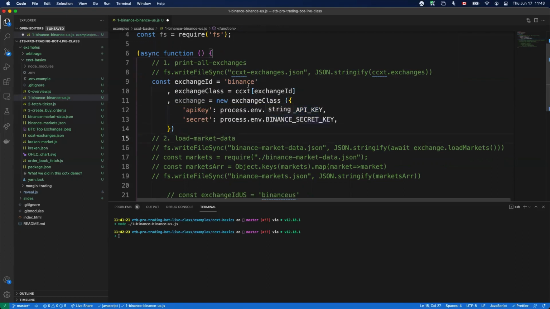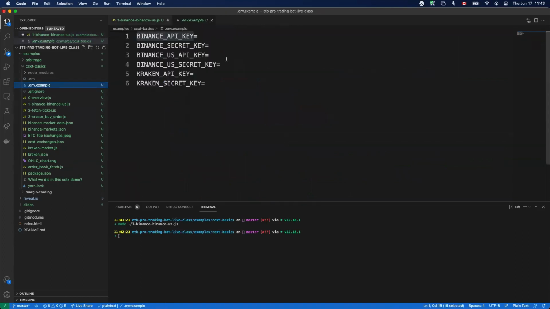It's there in my .env file, and if you are wondering how it looks, there is a section in .env called Binance API key where you can just paste your API key. The same way, the secret key can also be pasted here, and that's all you need to get started.